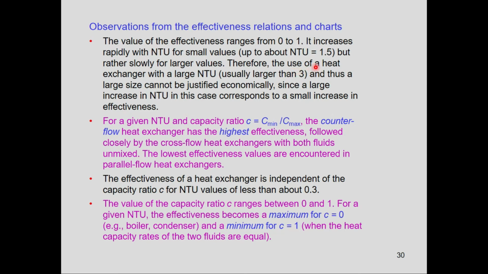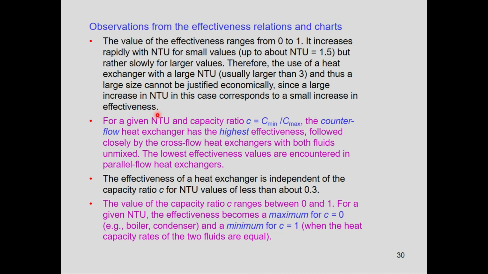Therefore, the use of a heat exchanger with a large NTU, usually larger than 3, and thus a large size, cannot be justified economically, since the large increase in the NTU in this case corresponds to a small increase in the effectiveness. So when we are above an NTU value of 3, there will be very small change in the effectiveness.